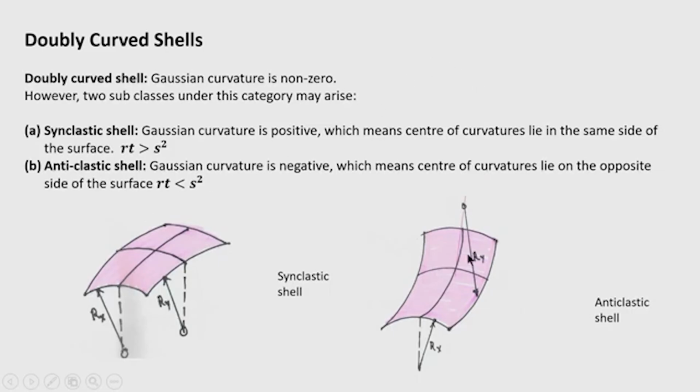Then we have a shell like that. That means, for the curve in one direction, we have the center lying on one side, and for the curve in the other direction, the center will be lying on the opposite side. So, this type of surface is known as anticlastic shell.